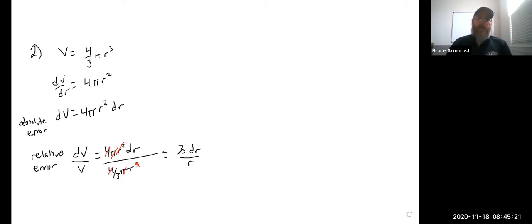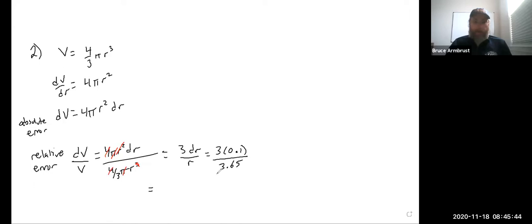Anyway, so I did this first just because it's going to be quicker, a lot easier in terms of stuff to plug in. So we're going to get our error in the radius was 0.1 centimeters. The actual value of the radius was 3.65 centimeters. So you can do that division.